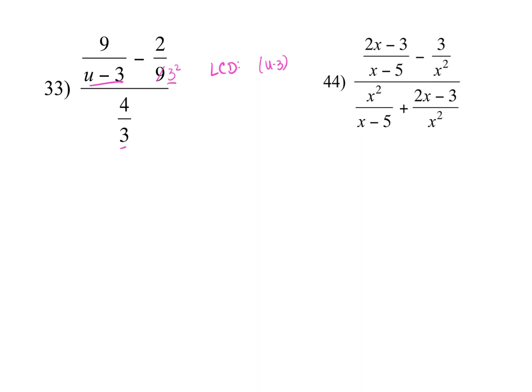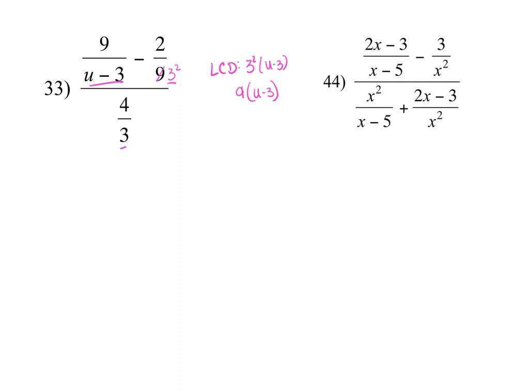Which one do I have to use? The 3 squared. So my least common denominator is 9 times u minus 3. I don't have to say 27 times u minus 3. I'm not using my least common denominator at that point. I'm using a common denominator. But then I'm going to have much larger numbers, and I'm going to have to reduce at the end. So does everybody see why I did that?